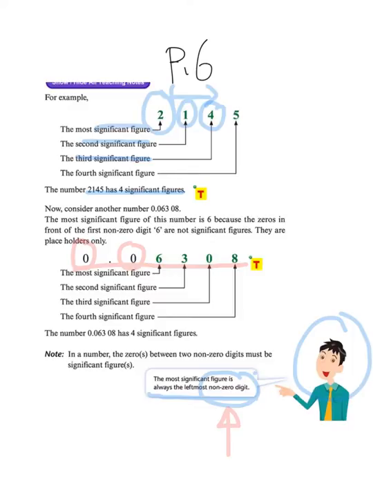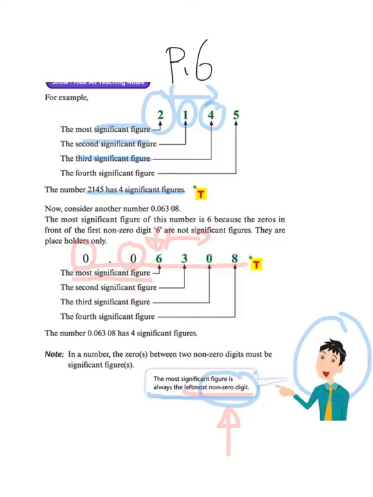We need to look at the leftmost non-zero digit, which is this 6. This is the most significant figure to represent how large or how small the number is.